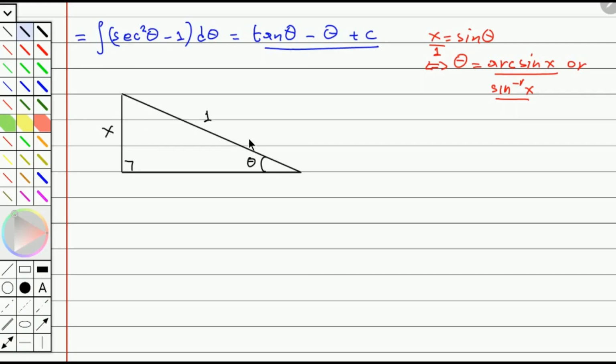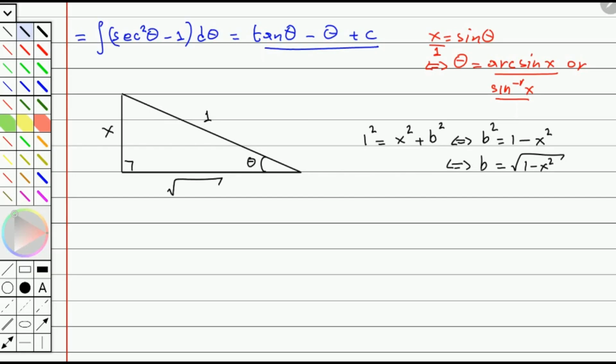And now, using the Pythagorean theorem, we can say that for the other side, 1 squared equals x squared plus b squared. Let's call it b. So b squared is 1 minus x squared, and so b is going to be the positive root of 1 minus x squared. We don't need the negative because this is a length.